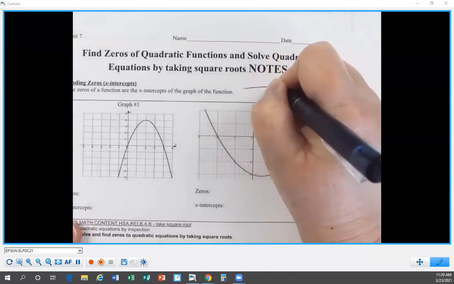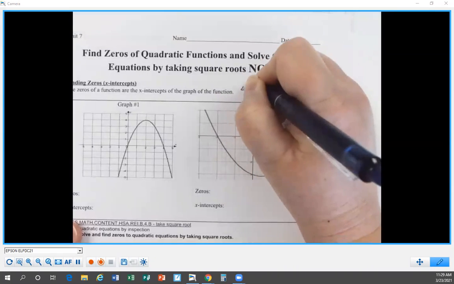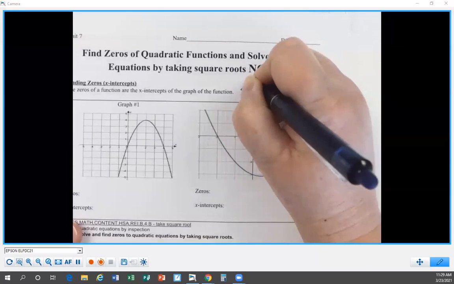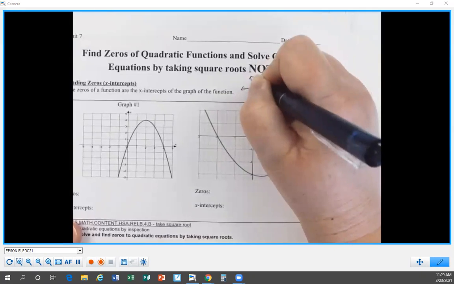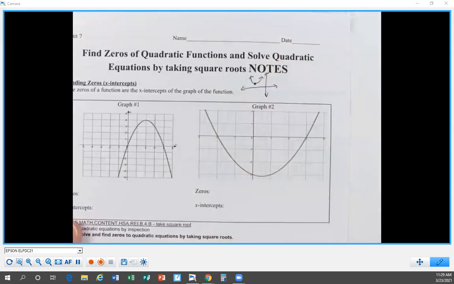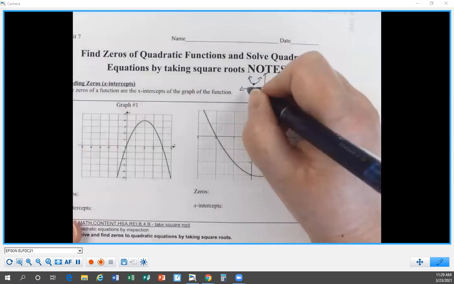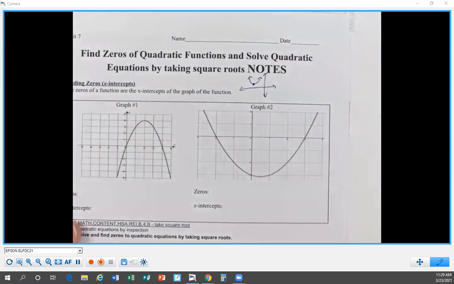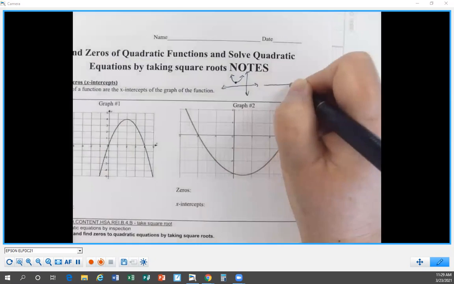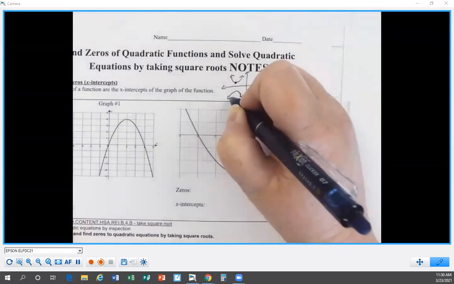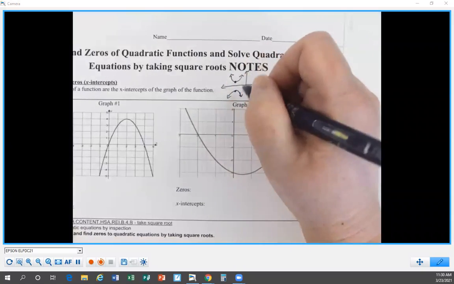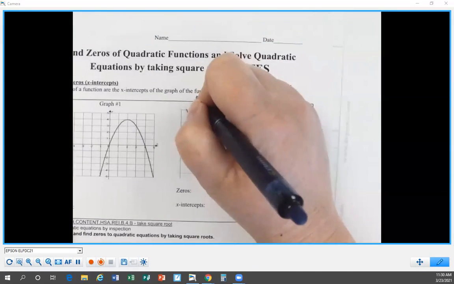If we have a parabola that is a positive parabola and it's opening upward and its vertex is above the x-axis, then it wouldn't have any zeros. Okay? So no zeros because it doesn't cross the x-axis. If we had a negative parabola with its vertex below the x-axis, same thing, no zeros.